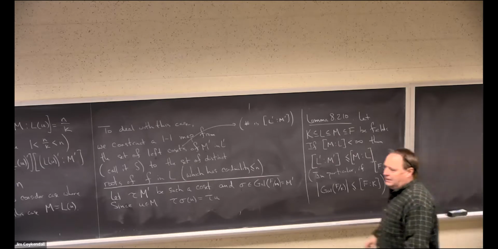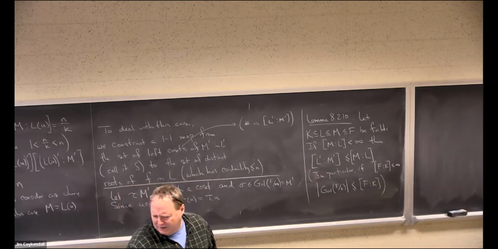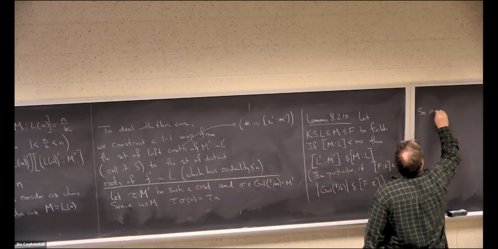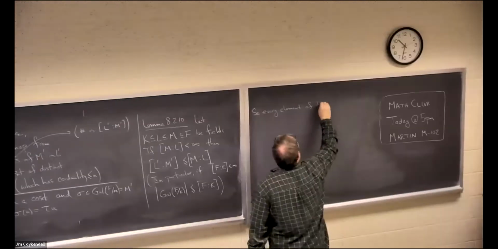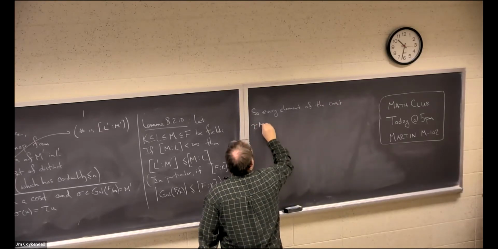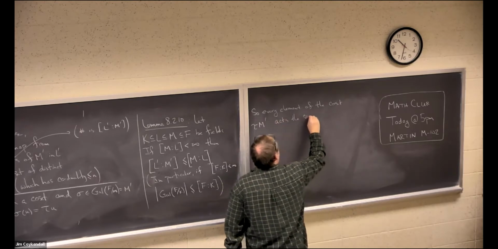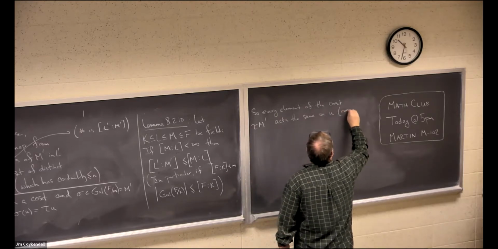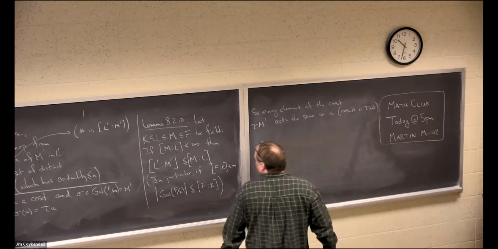And so from this, I can glean a nice observation about how the elements of the coset act on this. So every element of the coset M prime acts the same on U. Right?